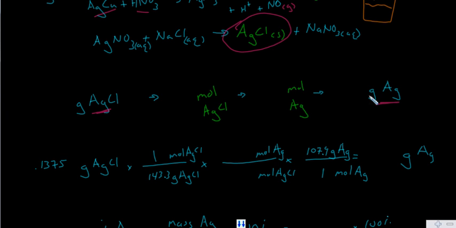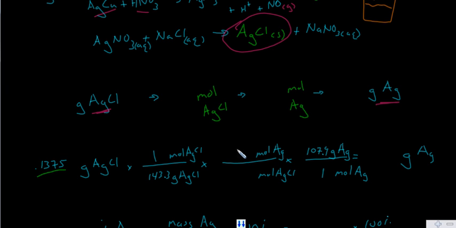All right, so we see we actually collect 0.1375 grams of silver chloride. How many grams of silver were there? We go from grams into moles. And then what's the mole-mole ratio between moles of silver chloride and moles of silver? Well, each mole of silver chloride has 1 mole of silver in it.